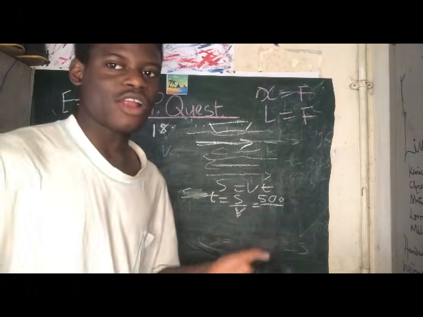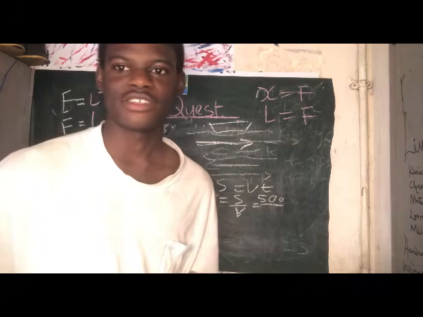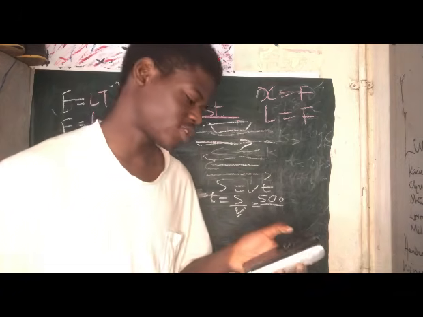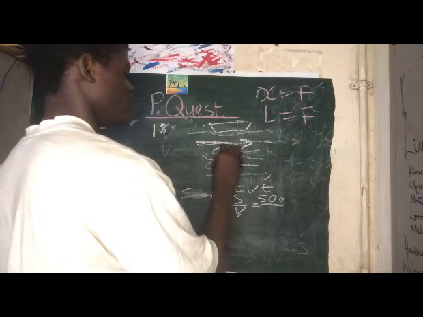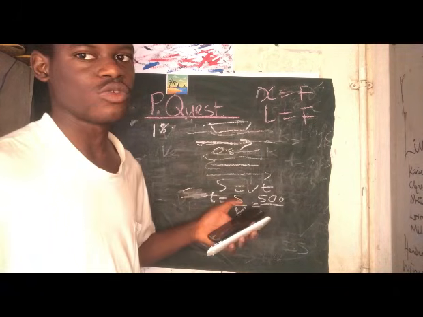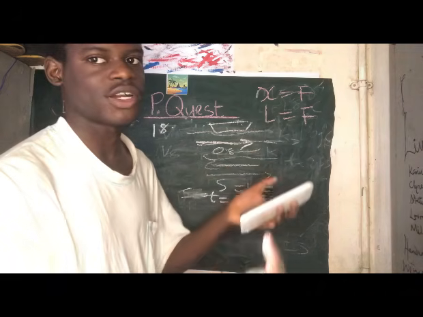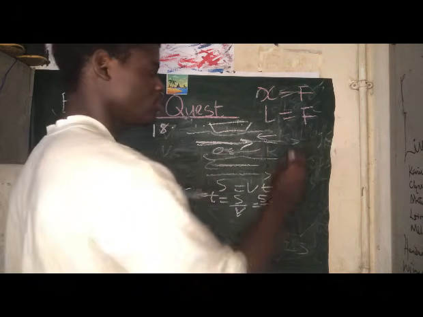So the confusion will come. The confusion that sets in is, are we going to add or are we going to subtract? Upstream, it is against the river, and the river is going 0.4. You are going 0.8. So you are going to subtract, because they are opposing each other.